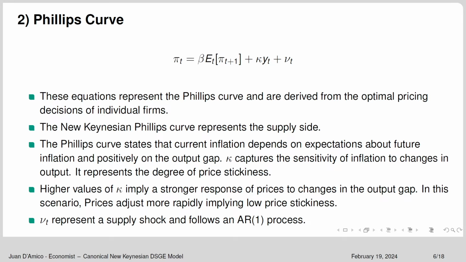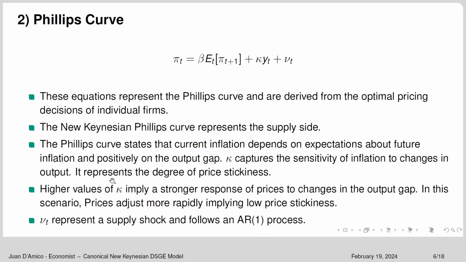It represents the degree of price stickiness. So inflation, as a summary, depends on the expectations that agents have about future inflation, and changes in the output gap put pressure on prices. When the economy expands, we can see with this plus sign that it is positively affecting inflation.